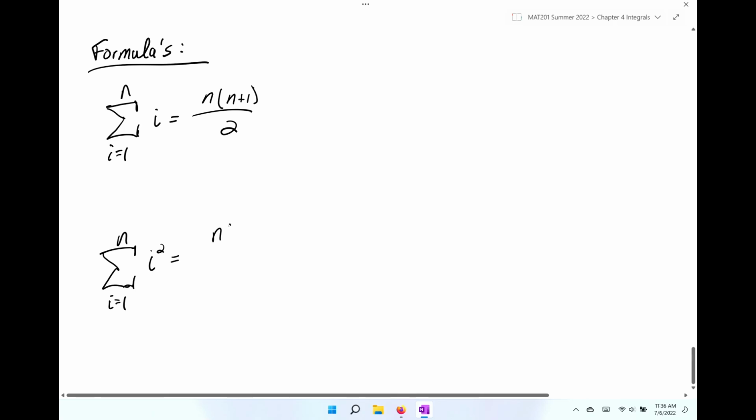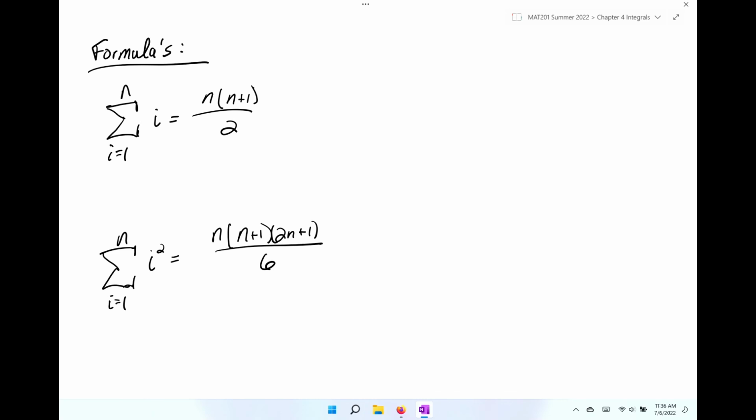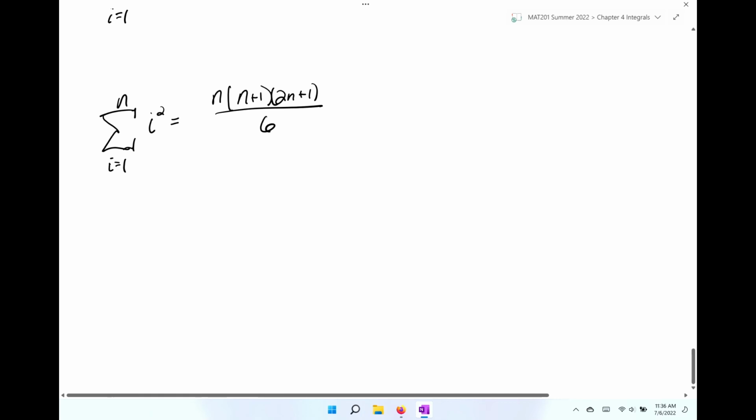And you can actually prove this the same exact way that I did above. But this is just going to equal n times the quantity n plus 1 times the quantity 2n plus 1 divided by 6.